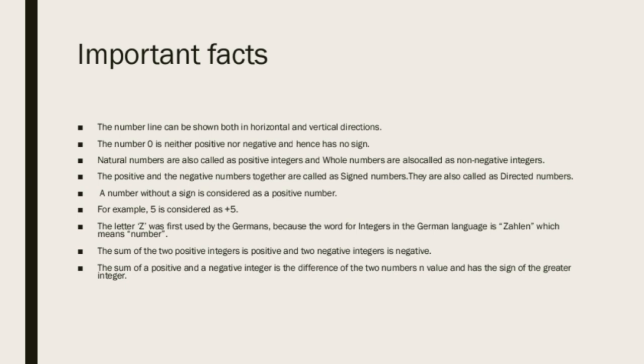Important facts. The number line can be shown both in horizontal and vertical directions. The number 0 is neither positive nor negative, hence has no sign. Natural numbers are called positive integers.